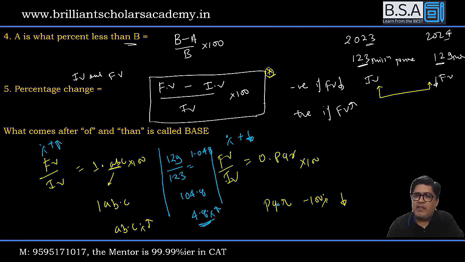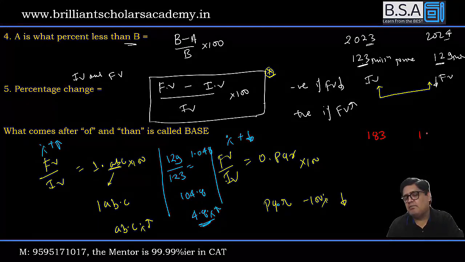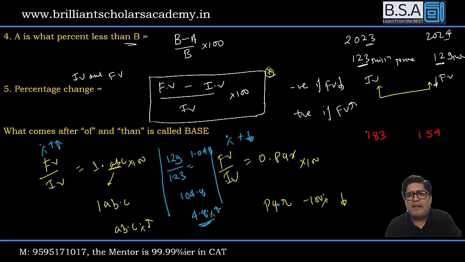Let us say I'm giving you a different set of numbers. Let's take a second number. Let us say I'm giving you a difficult number. 183 and, let us say, 154. This was some manufacturing data for 2023 and this is for 2024.